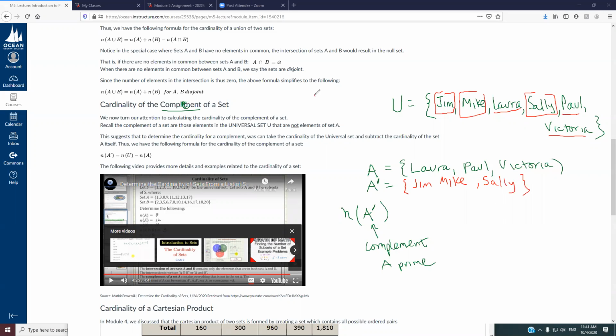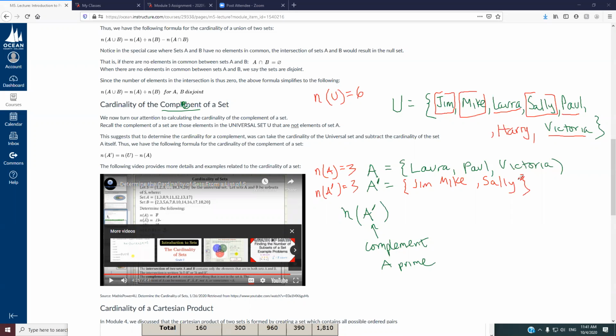If I had the number of elements in the universal set, it would be 6. The number of elements in A is 3, and the number of elements in A prime is also 3. I should have actually made the numbers here work out to be different. Let me add one other student here just to make the numbers work out a little different. I'm going to add in Harry.